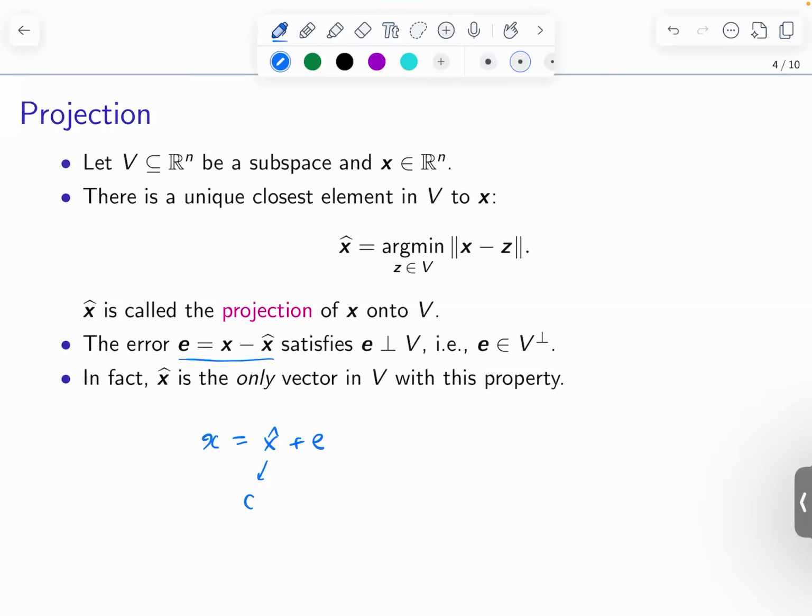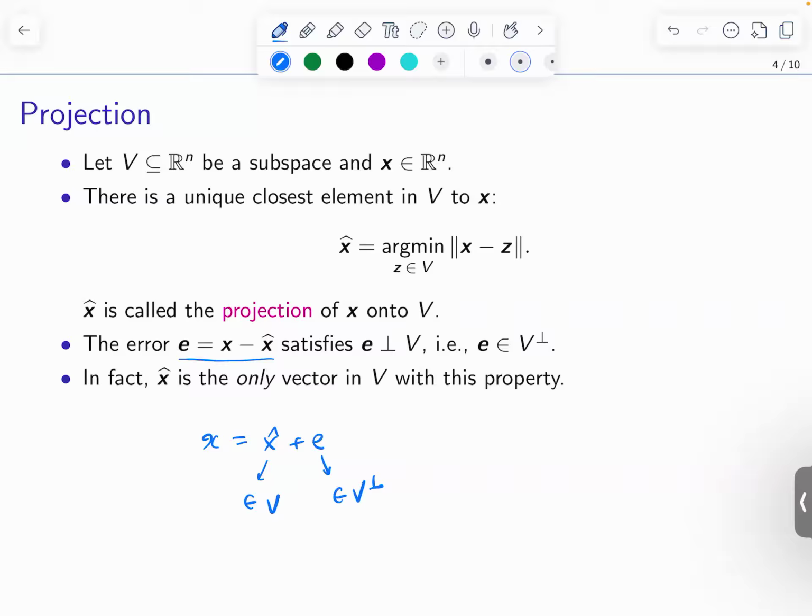By definition x hat is in V, and we also know that e is in V perp, because e is orthogonal to V. So now I have a nice decomposition of a vector into two components, one in V and one in V perp. Because every vector has a unique projection on any subspace, if I specify a subspace, I get this decomposition for every vector in this space.